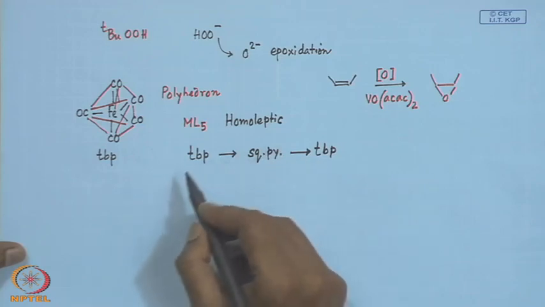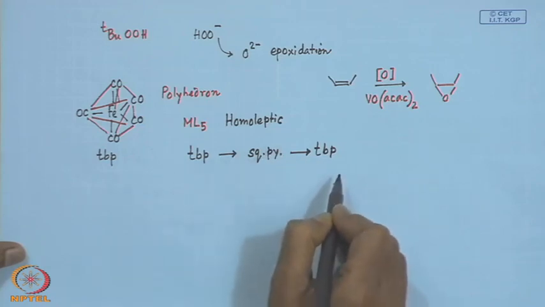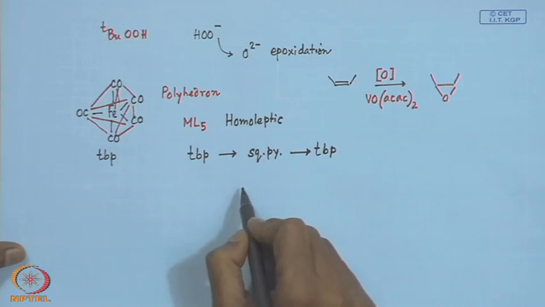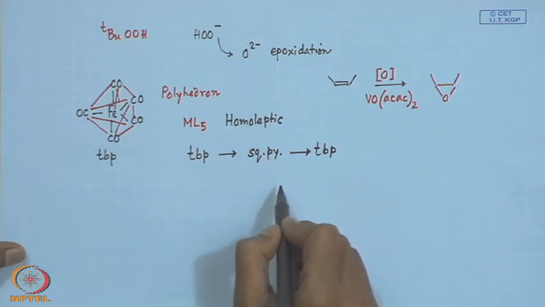So therefore in the spectroscopic signature, or in the spectrum, we get the corresponding signal positions which will be averaged out.